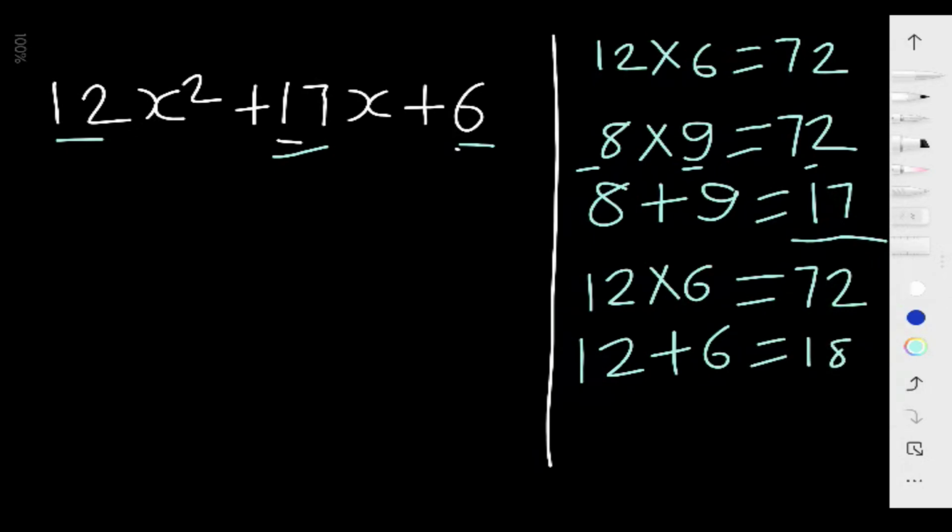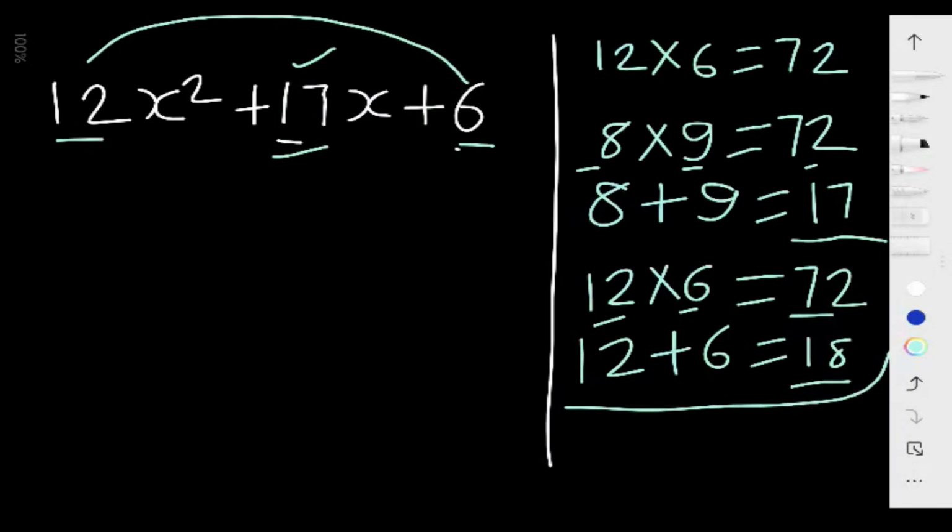That is wrong because we won't get 17. So when you multiply, you should get 72, and when you add those numbers, you should get 17. That means the coefficient of x. I think it's clear, right?